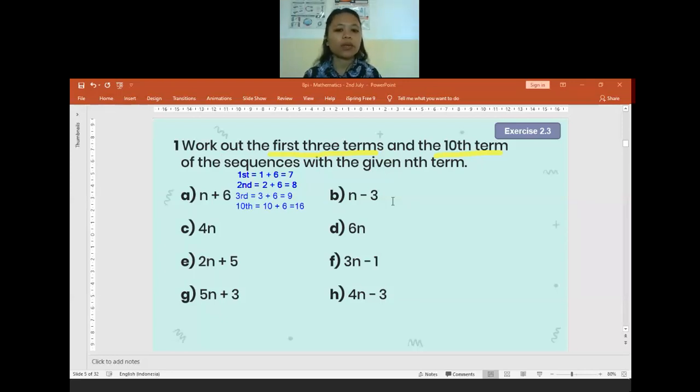Anyone want to help me with the first term in question 1B? I'm reading the chat. If you do not want to talk, please answer through the chat. Or is there any trouble with my internet? Okay, the first term will be equal to negative 2.